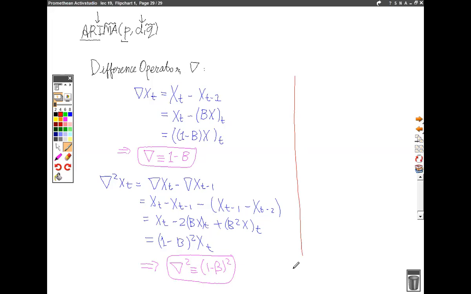So by induction, you can say that in general, my difference operator raised to n will be equal to (1 minus the backward shift operator) raised to n. This is a very, very important relationship that will come in handy while we are dealing with ARIMA processes. This is really important.